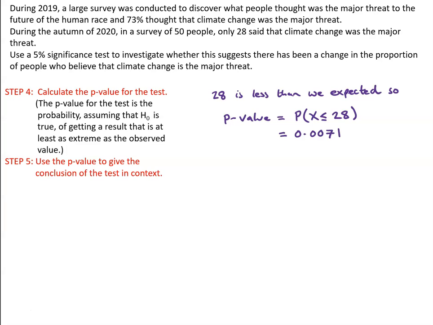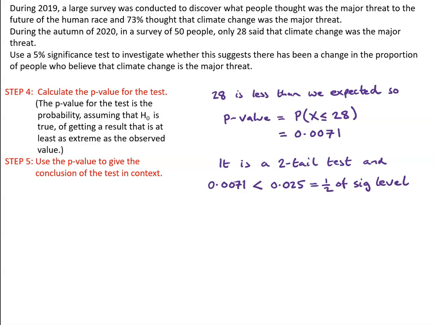So we've now got to use that p-value to give the conclusion of the test in context. Now, we've got a two-tail test. And in this case, the p-value is 0.0071, and that is less than 0.025, which is half of the significance level.